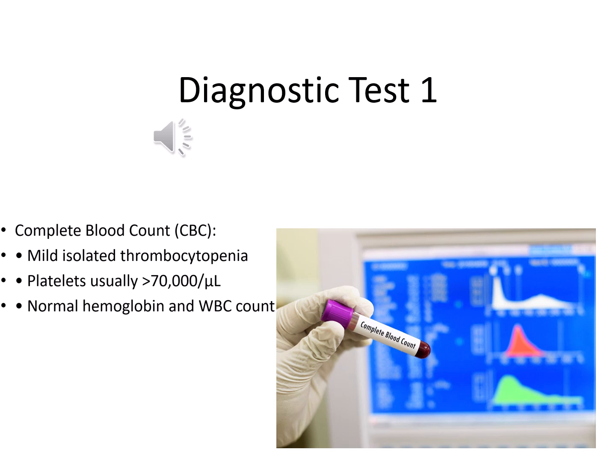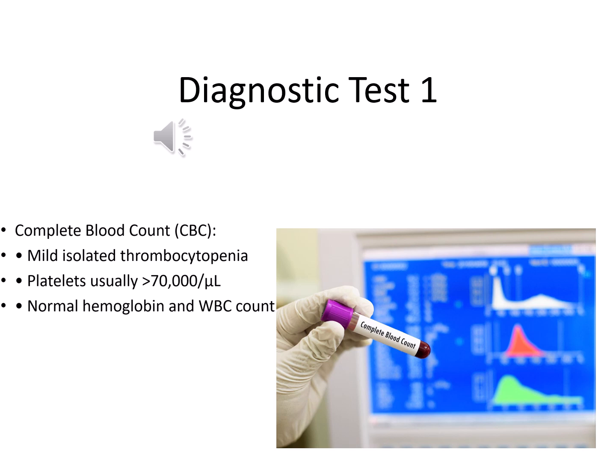Diagnostic test 1: Complete blood count (CBC). The complete blood count is the primary lab test used to identify thrombocytopenia. In gestational thrombocytopenia, the CBC demonstrates isolated mild thrombocytopenia, usually with platelet counts greater than 70,000 per microliter.